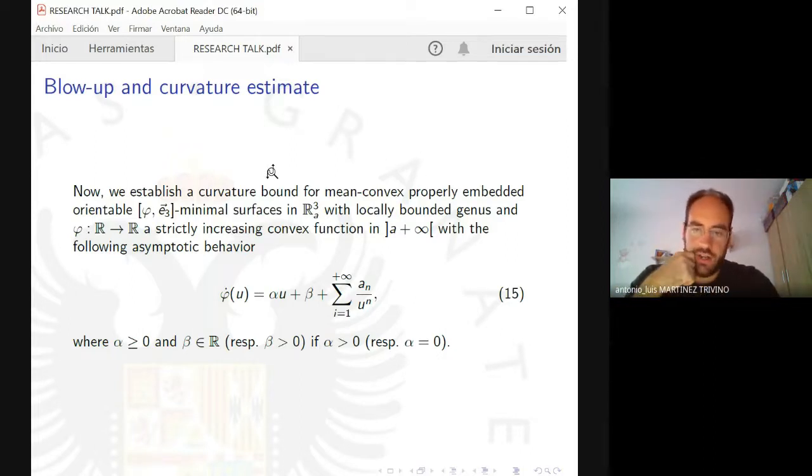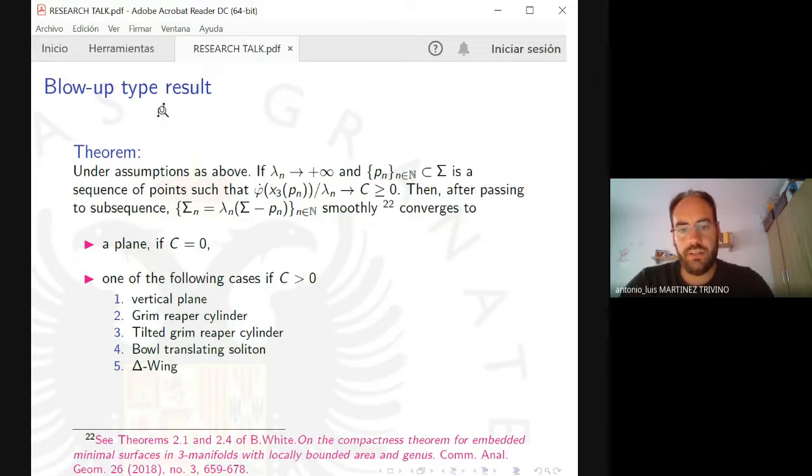As a corollary of a compactness result of Brian White for minimal surfaces with locally bounded genus. Okay, so we need to assume this hypothesis in topology. Our blow up result says the following: if lambda n is a divergent sequence of real numbers, and Pn is a sequence of points satisfying this limit, then the sequence of blow ups of the surface smoothly converges to the following limit.